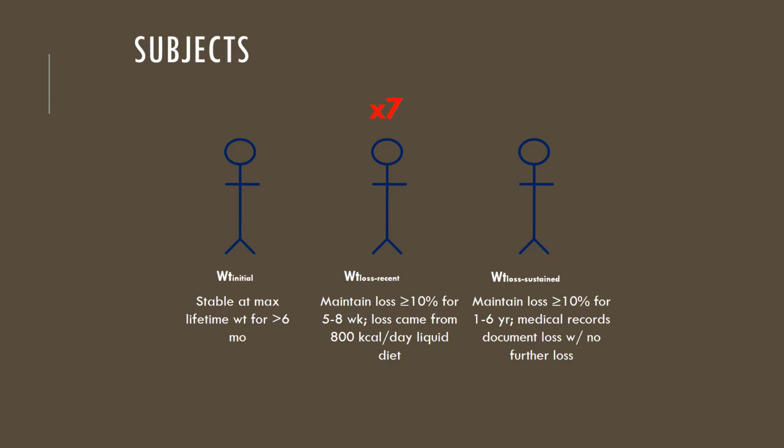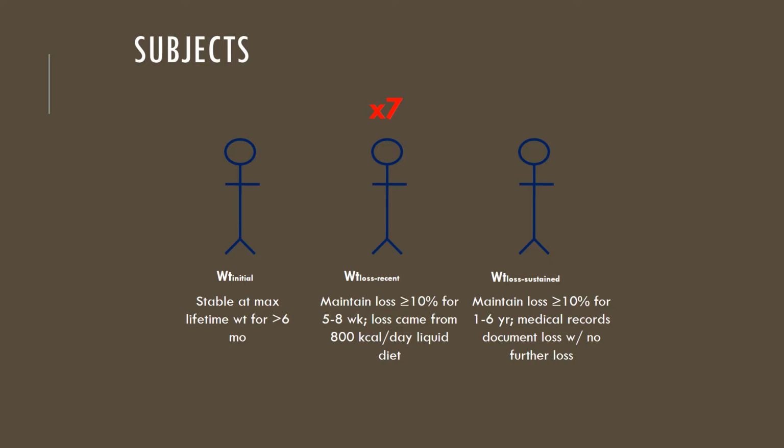So here was the study design. They had 3 groups of subjects, people who were at their maximum lifetime weight, as much as they'd ever weighed for at least 6 months, so their weight was stable at that weight, whatever it was. And then they matched those people to people who had recently lost weight, and they had lost at least 10% of their body weight for 5 to 8 weeks, and that loss came from consuming only 800 calories a day, liquid diet.